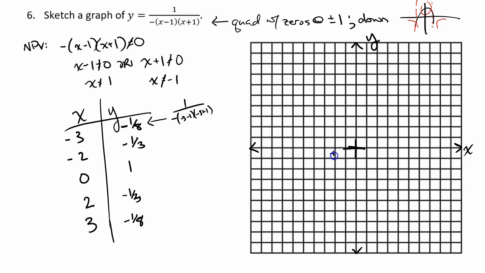So again, I'm just going to go by halves. But vertically, I've got lots of room again, so I'm going to go up by eighths. 1, 2, 3, 4, 5, 6, 7. 1, 2.